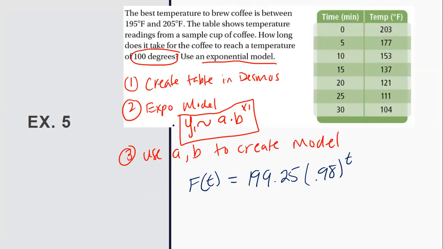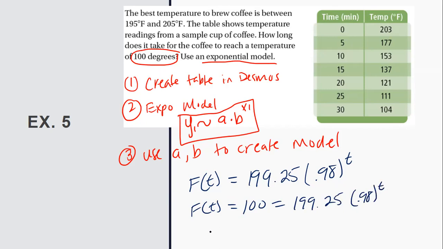So it asked me, if I want the temperature to equal 100 degrees, how long will it take? So using this model that I have, f of t equals 100, and I want to know how long is it going to take for that to happen.